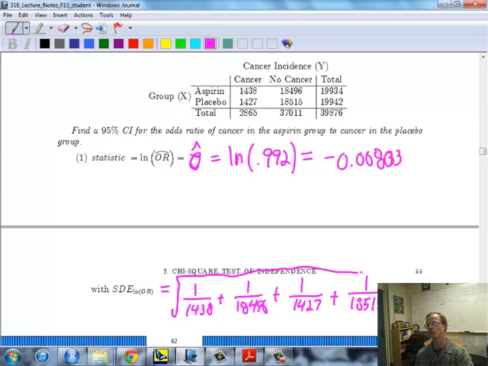So take the square root of all that. This is when you'll want to check on your calculator that you're doing the operations correctly. 0.03878.